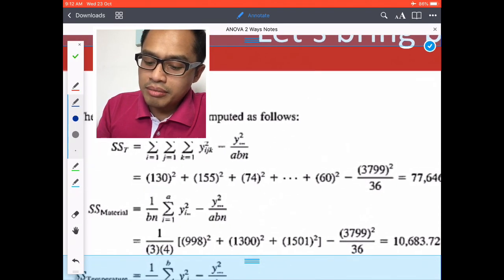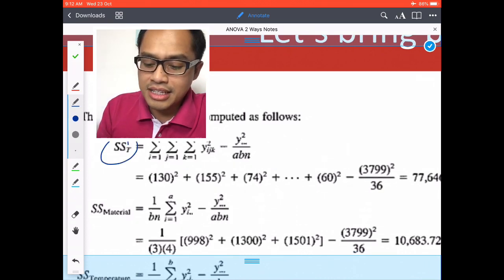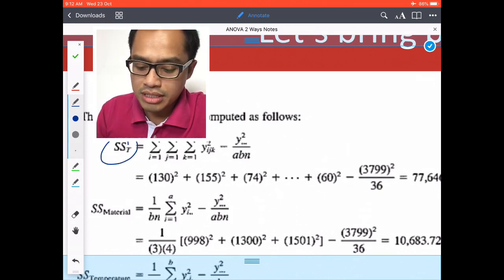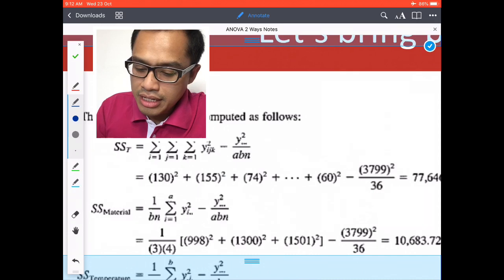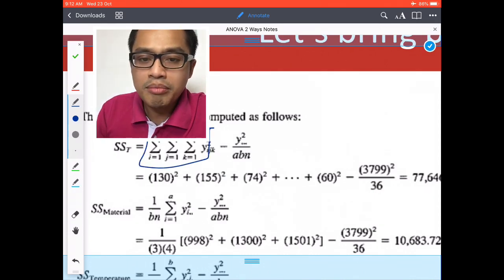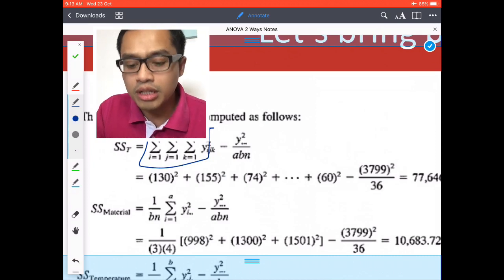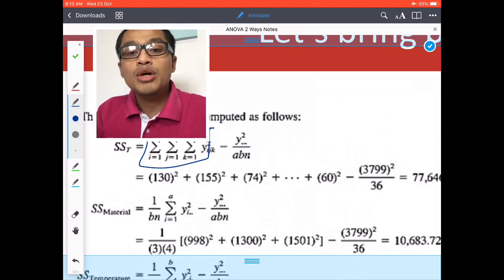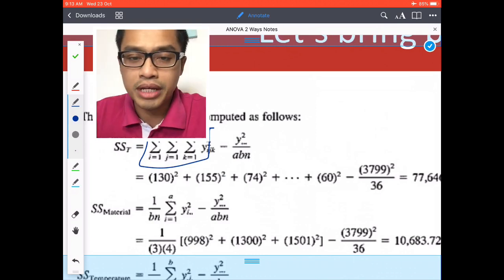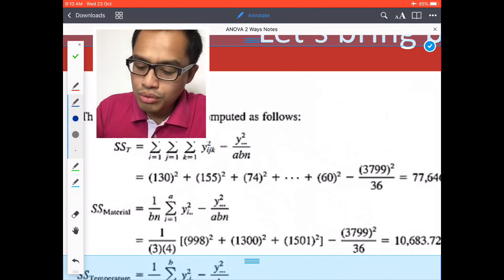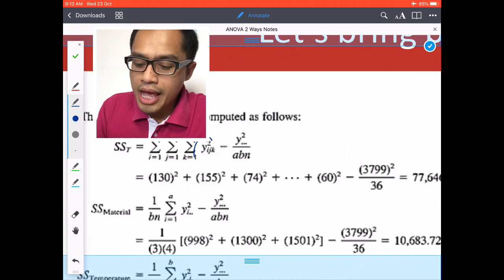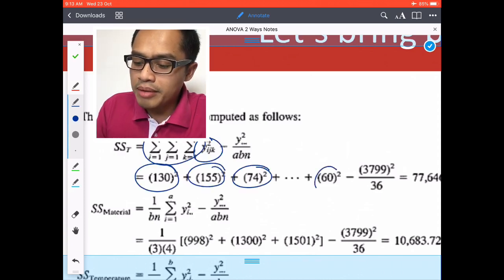I'd like to start my calculation with SST because it's the longest. So there is this symbol, the summation of A, B, and N. That means you must go for all the levels for A, which is the material, all the levels for B, which is the temperature, and all N. That means each and every replication. You need to square them and add them. So you can see here, all these numbers are squared then added.